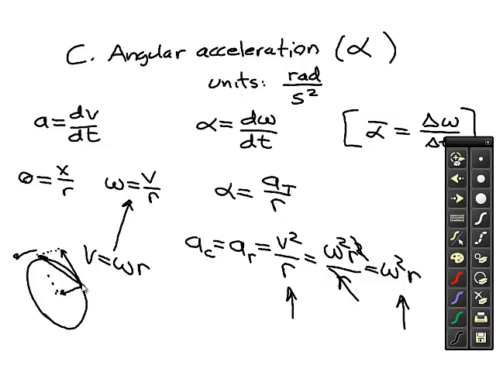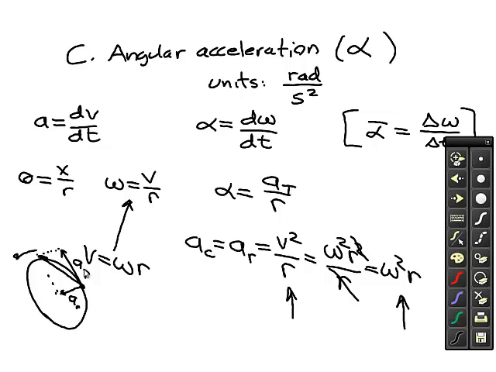So here's radial acceleration, the centripetal acceleration, and here's the tangential acceleration. Notice that if there is a tangential acceleration, then a sub r is busy changing, right? Because the faster it goes, the bigger the acceleration toward the center.